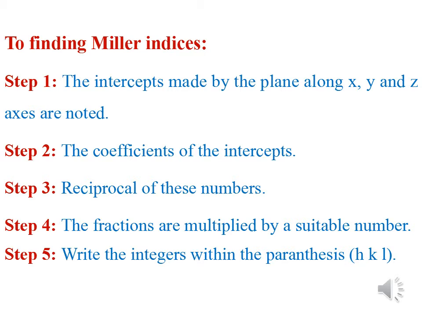We get the 3 smallest integer numbers. Finally, step 5: write the 3 integer numbers within parentheses, inside the open and closed parentheses, as the HKL plane value.